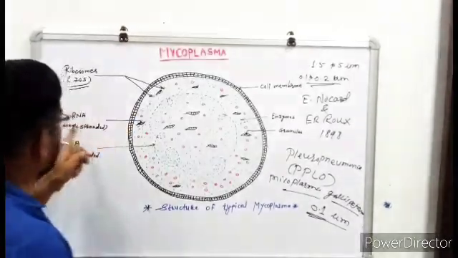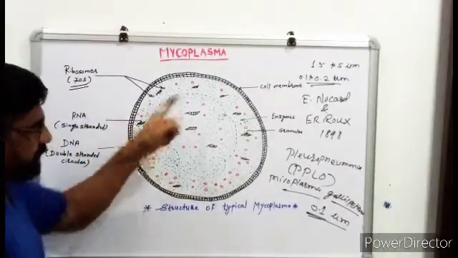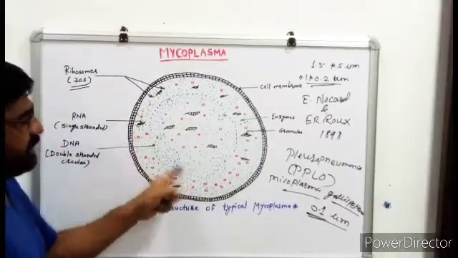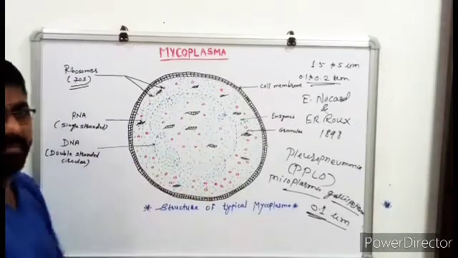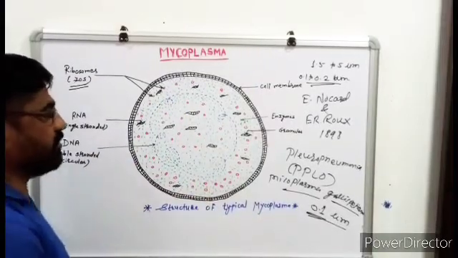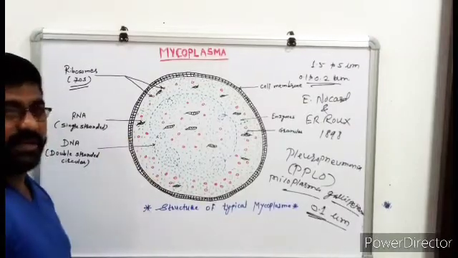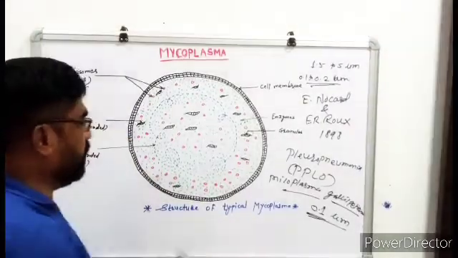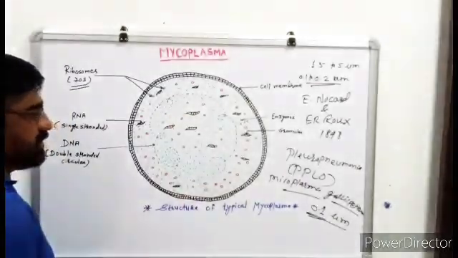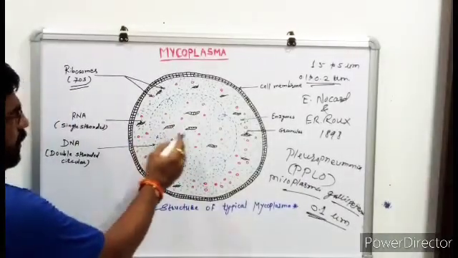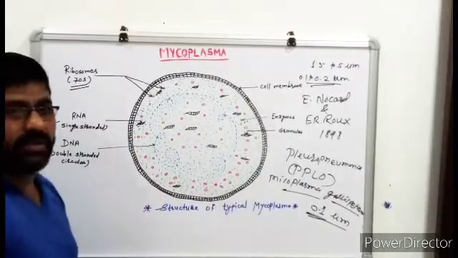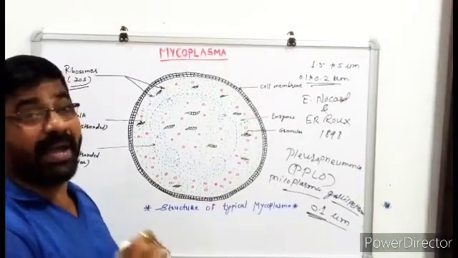Another important fact about organisms, whether prokaryotic or eukaryotic cells, is where the genetic material is present. In prokaryotes it is present in the cytoplasm, in the interior of the cell.